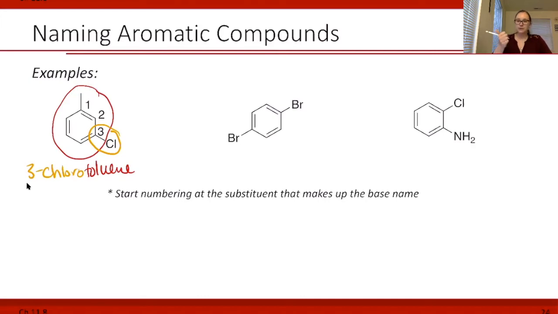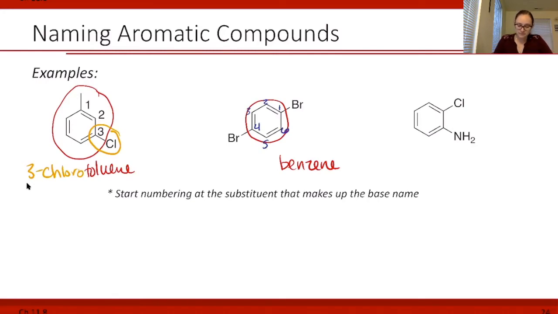Okay, our next one here, let's look and see what our base is. So there's no methyl group, no amine, and no alcohol. So I'm going to just have a base of benzene. Let's number our benzene ring around. Let's start at one of the substituents. 1, 2, 3, 4, 5, 6. It's kind of weird numbering.